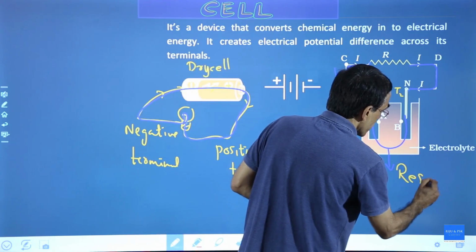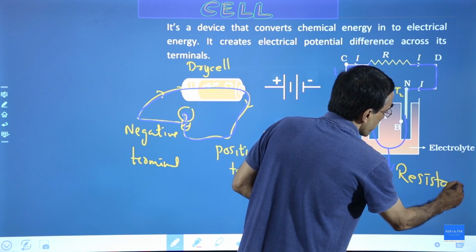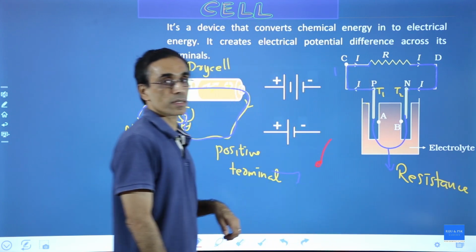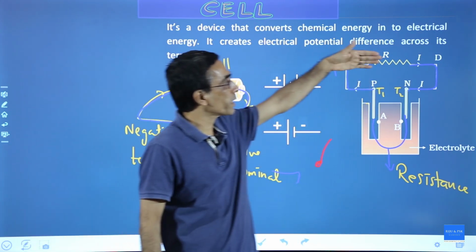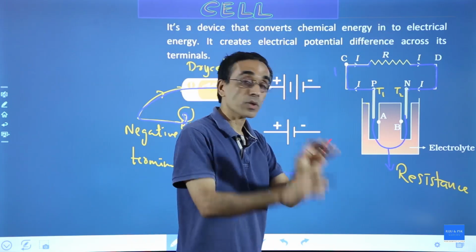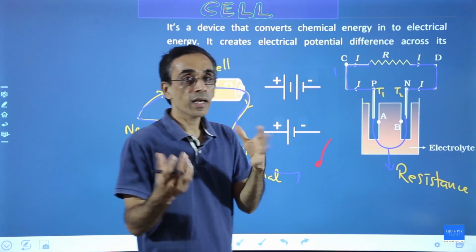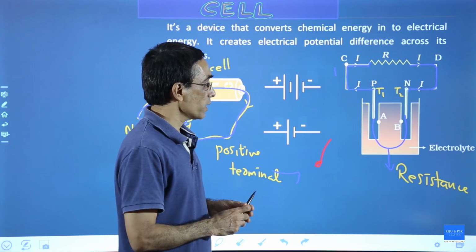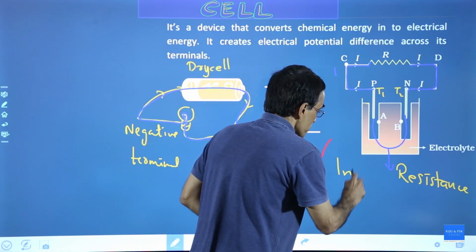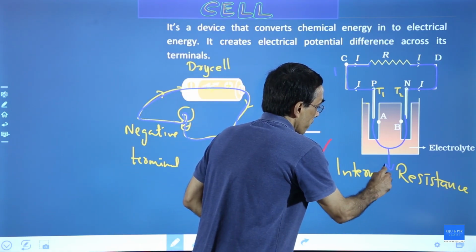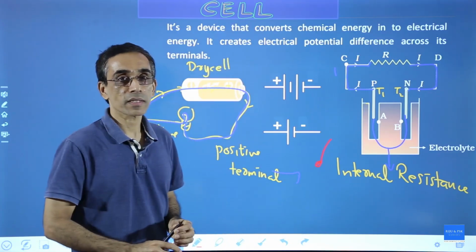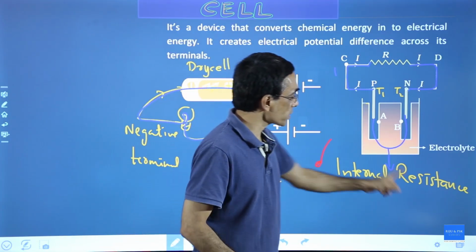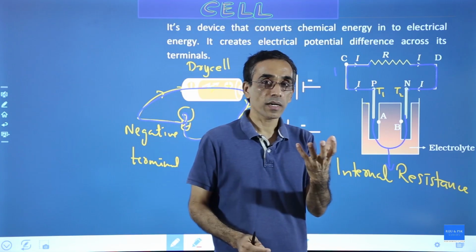There is resistance inside the cell and there is outside also. Outside one you can connect and disconnect, but inside one it's always there with the cell. So every cell has got some resistance inside. That's called internal resistance.